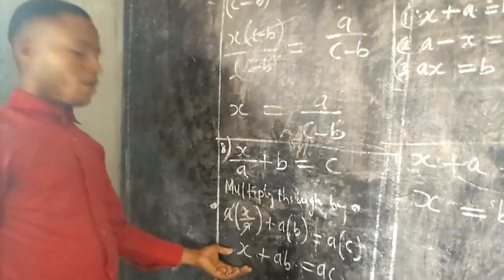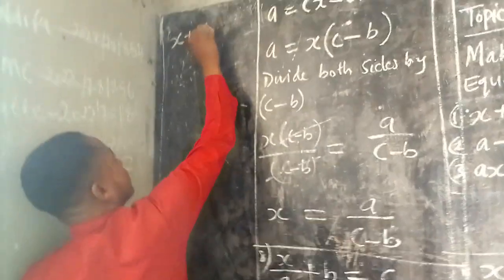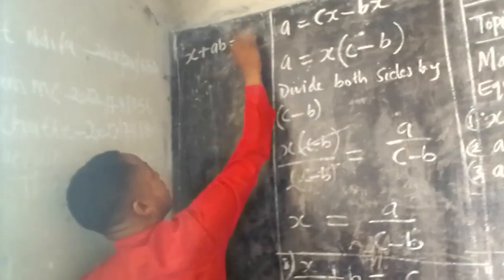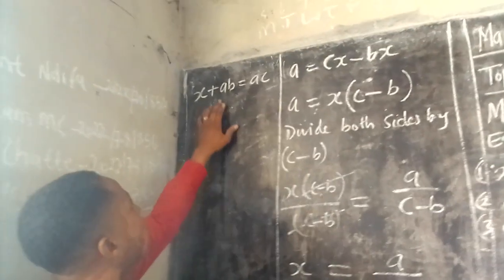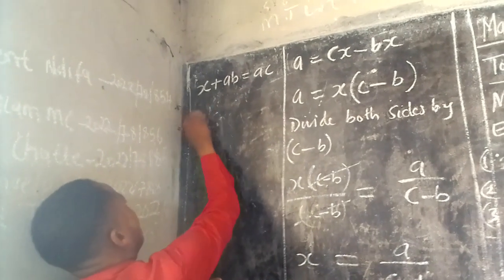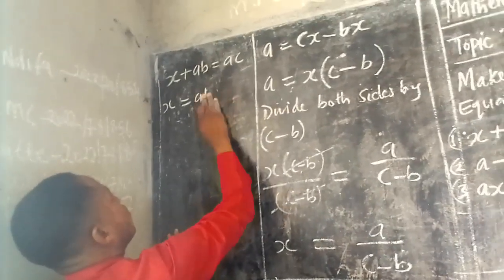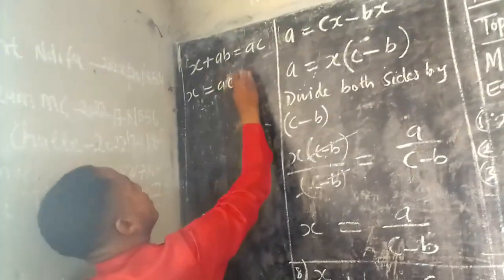So after this we have x plus ab equals ac. So we need to move this to this place so that we're able to factorize. So we have x equals ac plus ab is here.